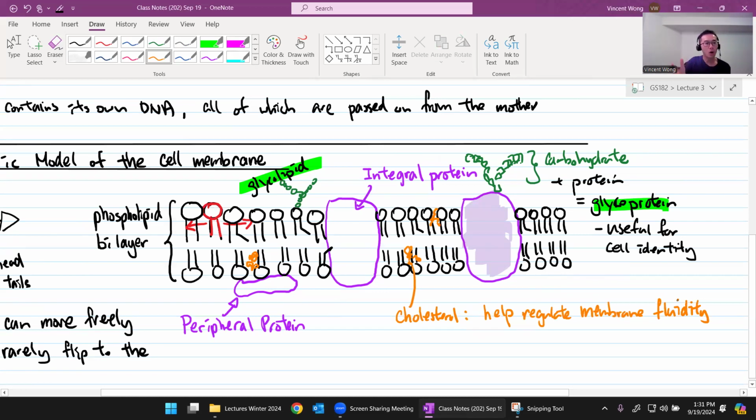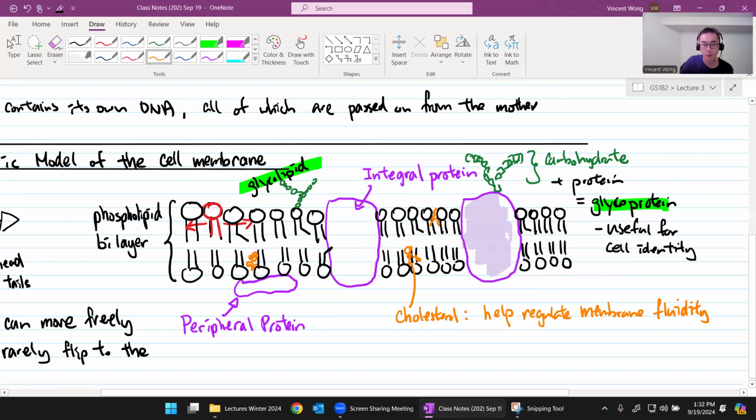You do not want a cell membrane that's too fluid. If that's the case, everything's just going to leak out, right? Or come in. We don't want that. On the other hand, we don't want a membrane to be too solid, too rigid either. If that's the case, it lacks flexibility. Nothing can come in, nothing can go out, right?